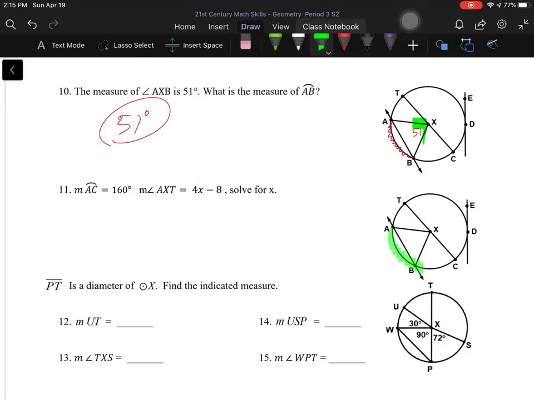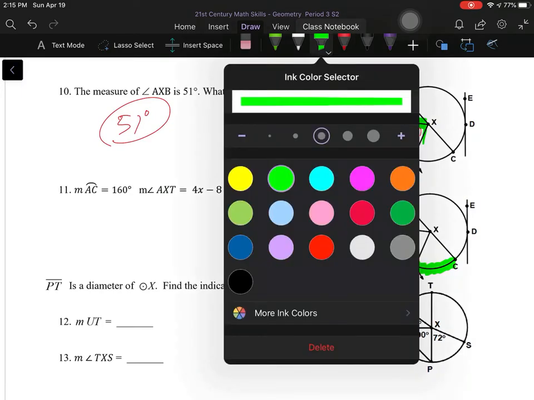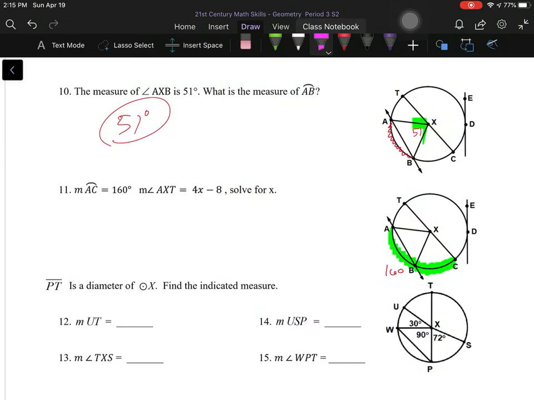Number 11, the measure of arc AC is 160. So here's arc AC, that's 160 degrees. The measure of angle AXT, here's angle AXT, is 4x minus 8. Solve for x. They gave you the arc that doesn't correspond with the angle.